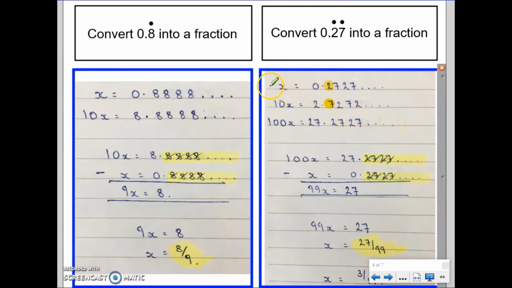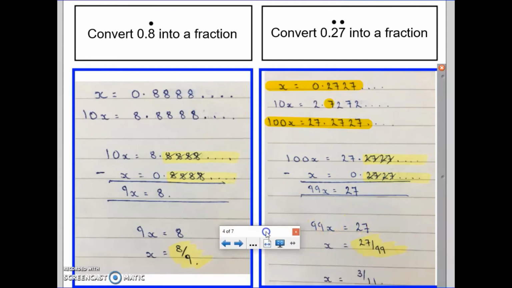So now I've got my value for x and my value for 100x with the digits after the decimal point matching up. So I go ahead and do my subtract, leaving me with 99x equaling 27, which would take me to 27 over 99, which of course I could simplify down to 3/11ths.